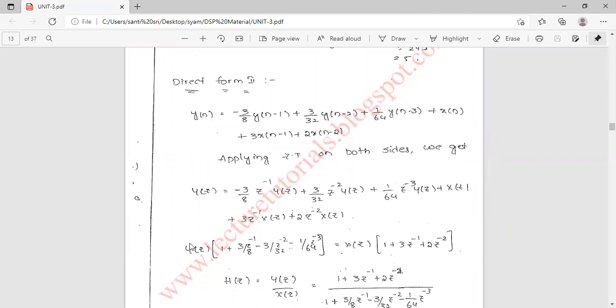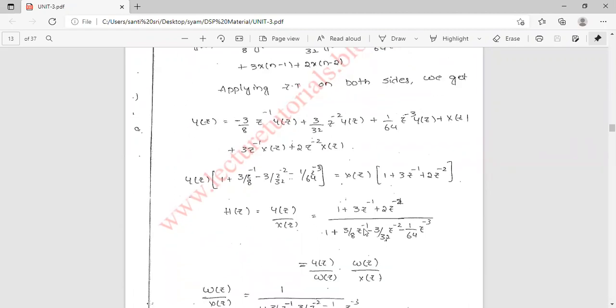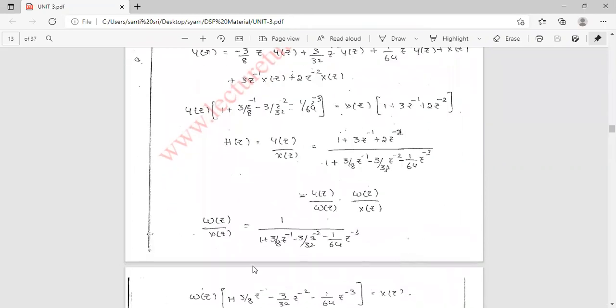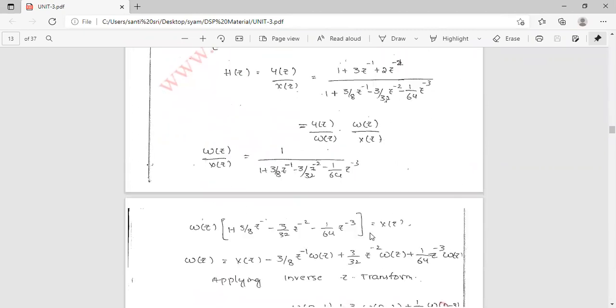Taking Y of z terms on one side and X of z terms on another side, H of z equals Y of z by X of z, that is Y of z by W of z into W of z by X of z. First of all, we take W of z by X of z equal to 1 by 1 plus 3 by 8 into z power minus 1 minus 3 by 32 into z power minus 2 minus 1 by 64 into z power minus 3.